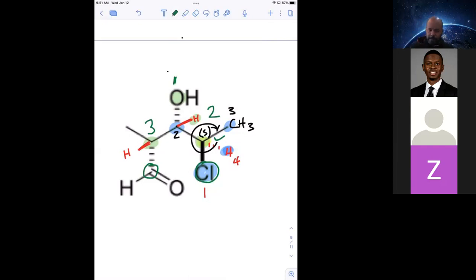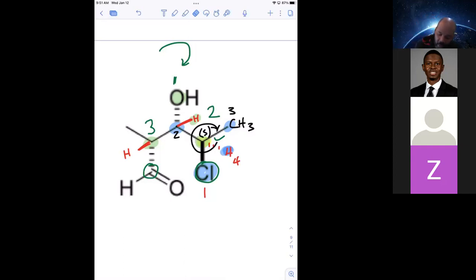So we prioritized it. If we counted to 3, it would be clockwise, wouldn't it? Yes. However, the 4th group, which is the hydrogen, is not away from us. So we can apply the same rule to this like we apply to the Fischer projection. And that is, if the 4th group is on a wedge, we just reverse what we see.